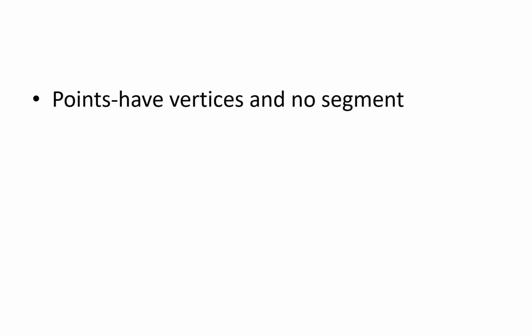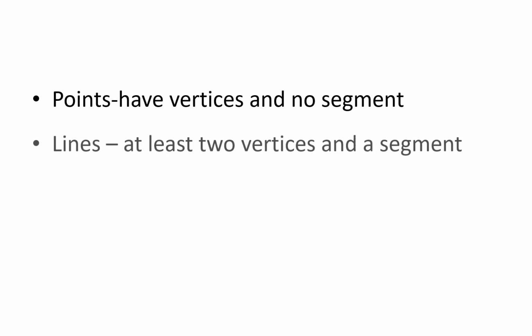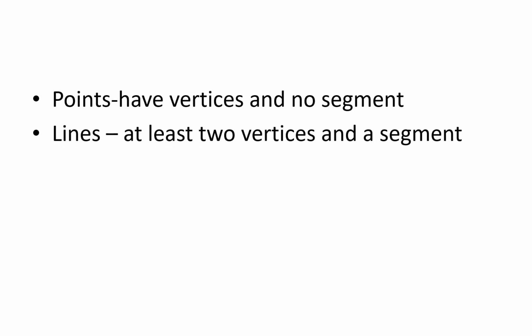So as I said earlier on, points have vertices but no segments, whereas lines must have at least two vertices, meaning that you have one vertex here, but then you need to have another vertex here, and a line segment in between which connects these two vertices.